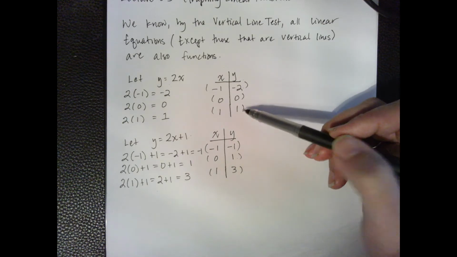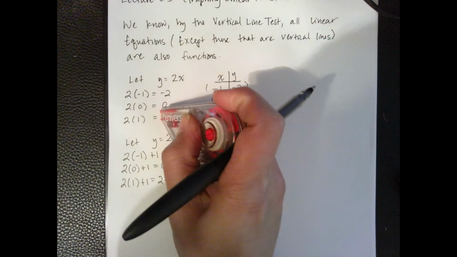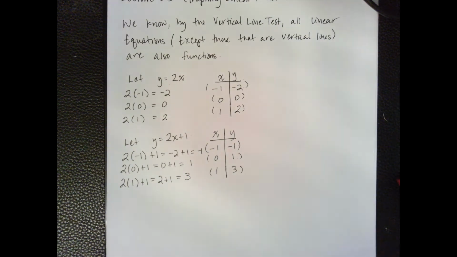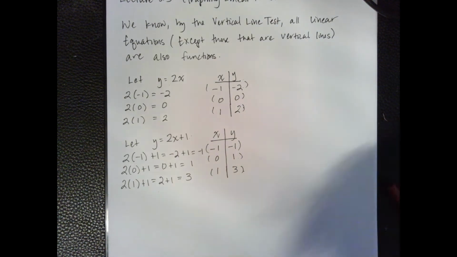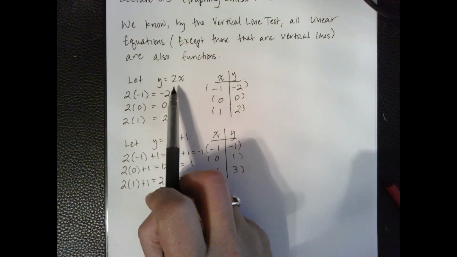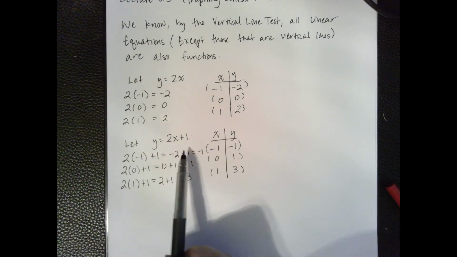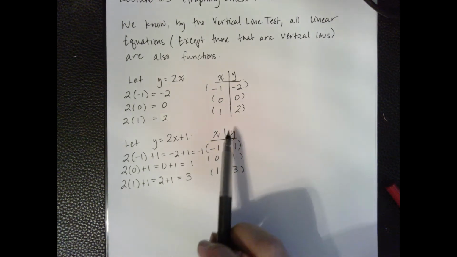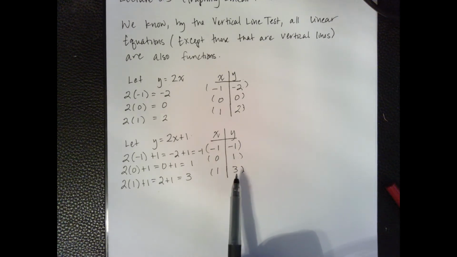Then, I'm sorry, here I have 1. That is incorrect. 2 times 1 is 2. Sorry about that. Here I have 2 plus 1, and that gives me 3. We would call this a parent graph because we can find this graph based on what we know from this t-chart. If I can find this t-chart, all I have to do is now add 1, and I end up with similar values for this t-chart.